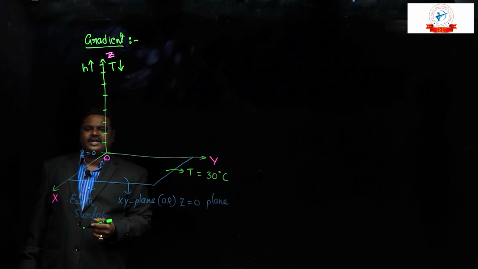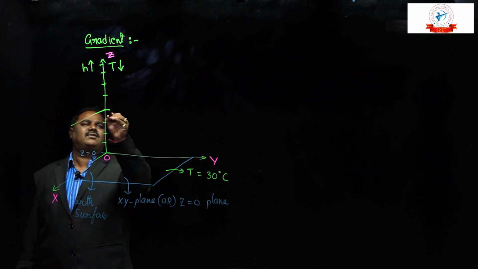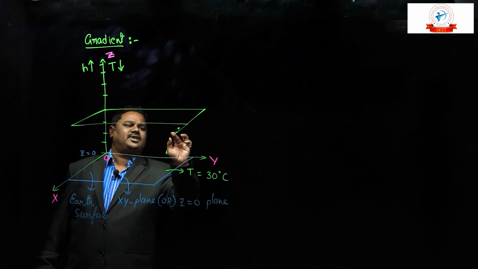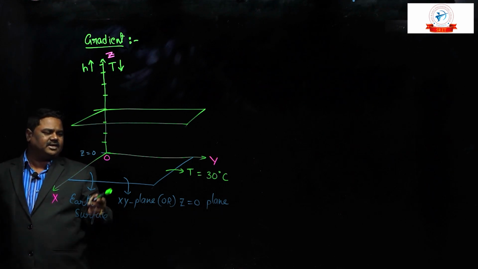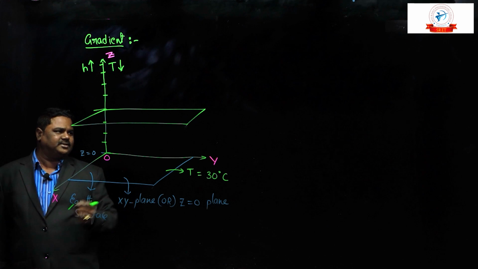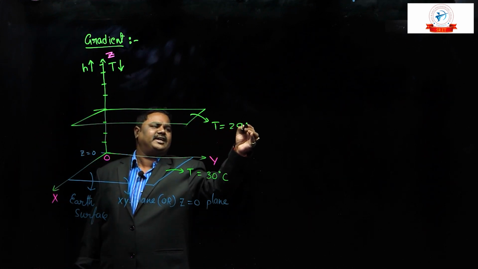Okay. So I am going to consider another layer, or another plane, at some height from the surface of the earth. Height increases from the earth surface to this plane. When height increases, temperature will decrease. Suppose I consider here the temperature is 29 degrees Celsius.